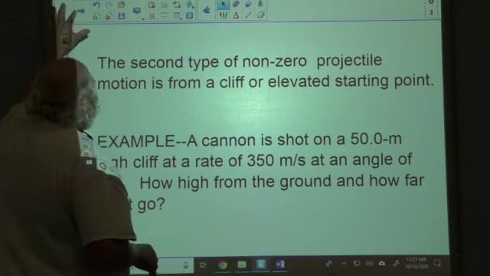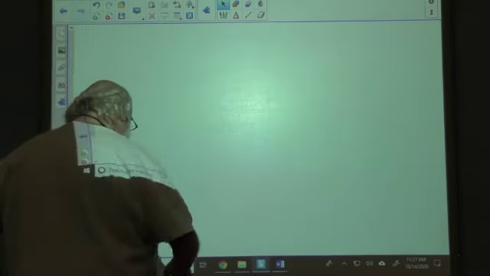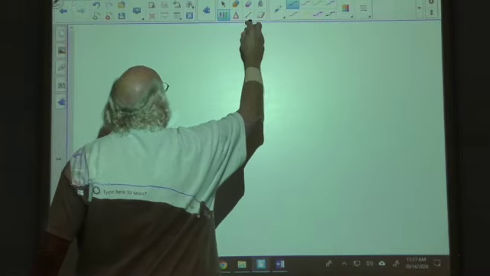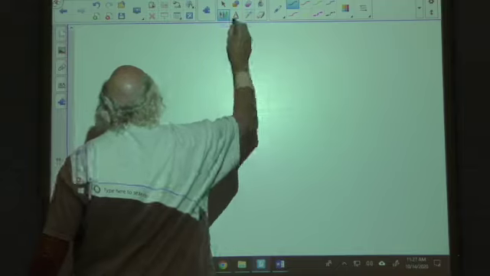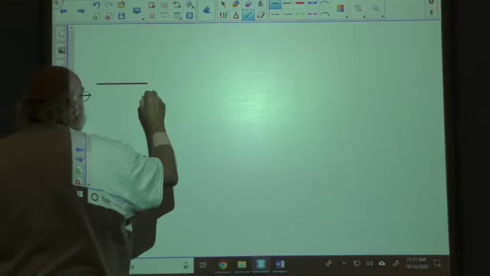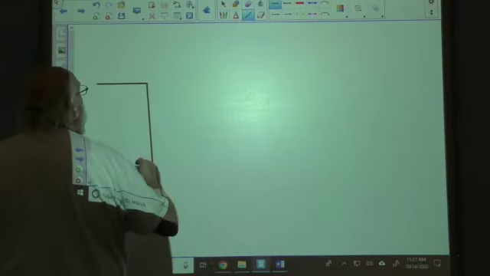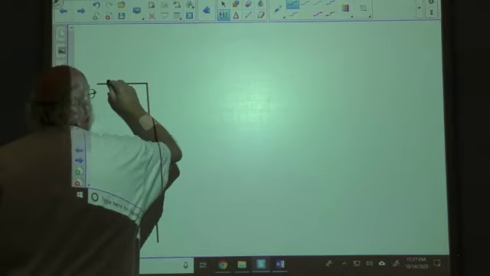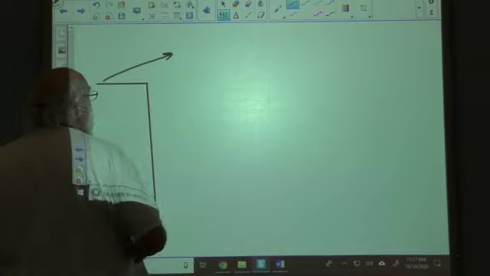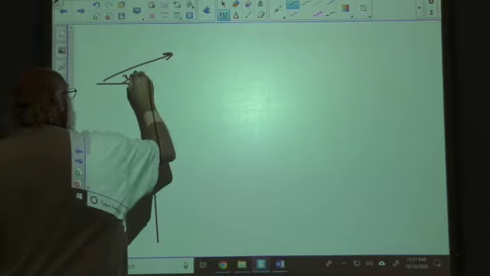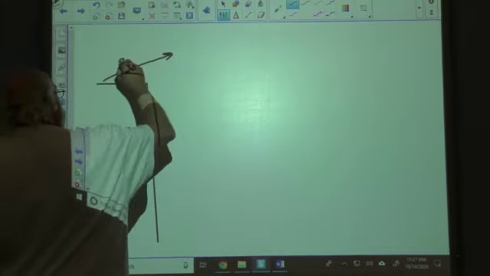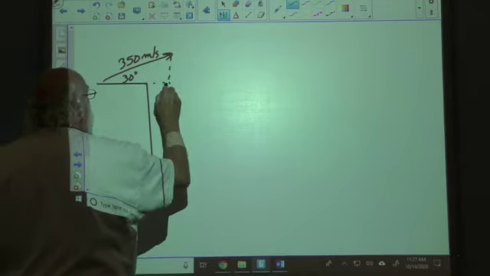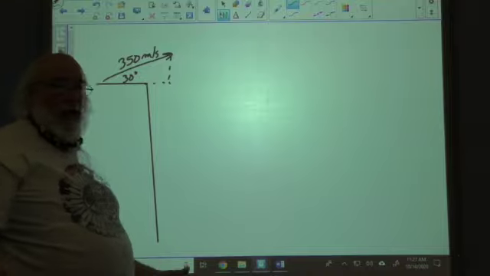So let's go ahead and take a look at that. What we have here then, we now have a platform. And on the platform, you've got the can being shot off at a 30-degree angle at 350 meters per second. So when we do the whole right triangle thing here, it's exactly the same as what we had before.